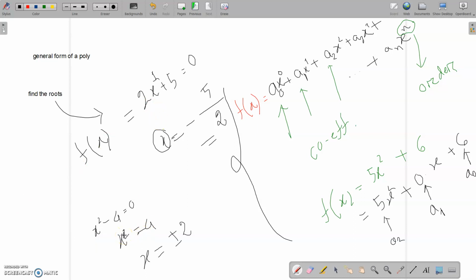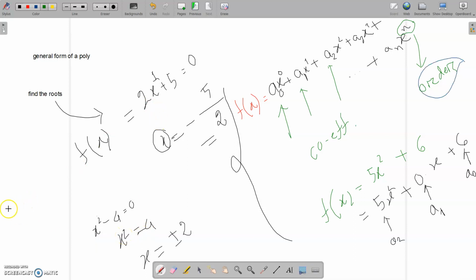Okay, let's check another one. x square plus 5 is equal to 0. Now I have x square is equal to minus 5, a minus sign. So what is the difference? Now if I try to find x, it becomes root over minus 5.